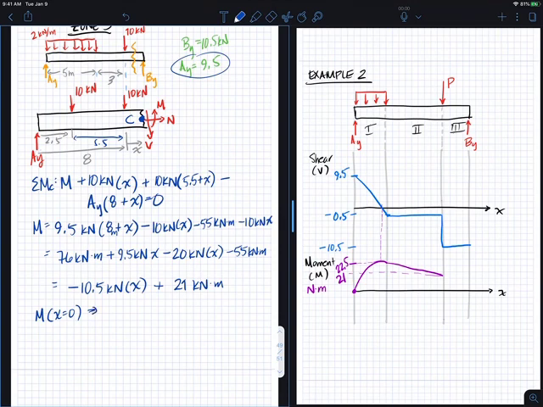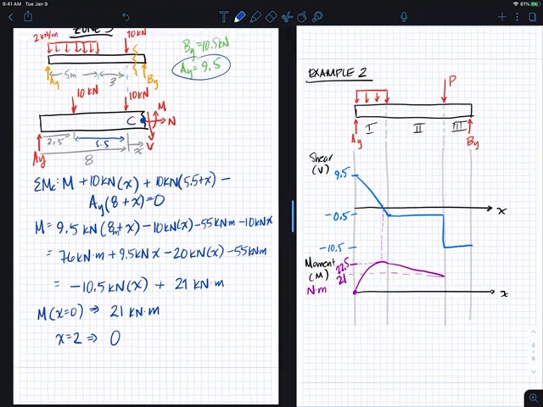Then we get that M equals 21 kilonewton meters. And when x equals 2, we get 0. And so on our diagram, this ends up looking like this. So we have a much steeper slope for this equation.